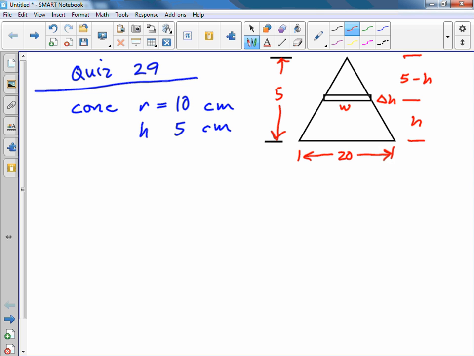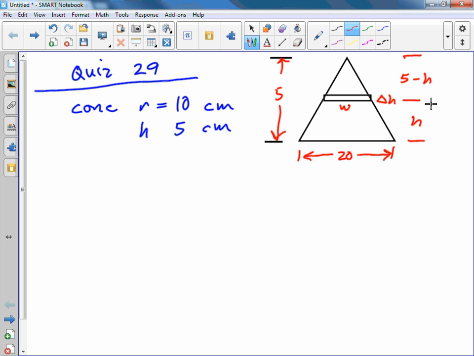Okay? Now, the problem right now is that we have things in terms of H and W, and that's too many variables. So our goal over the next couple of minutes is to try to think of a way to express W in terms of H only. Okay? And then we can start rocking and rolling.